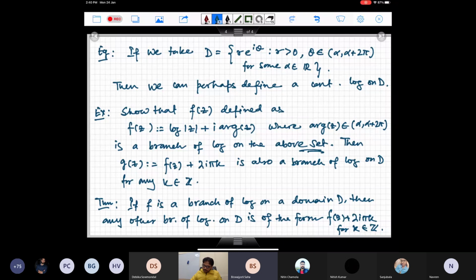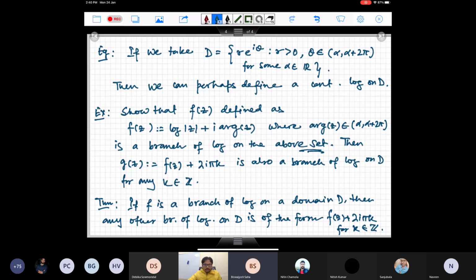What I am saying here is, of course, if I add 2iπk, when I take the exponential it is not going to contribute anything, and therefore all of them are branches of logarithm. But as I said, it turns out that any branch of logarithm is going to arise only this way.